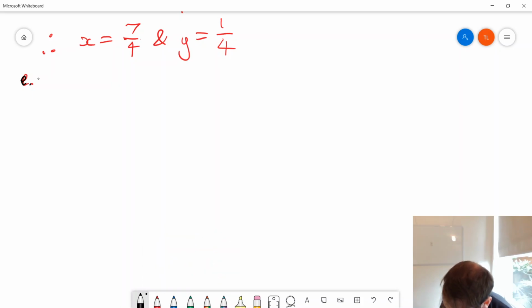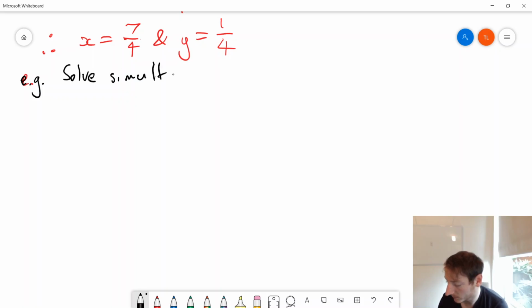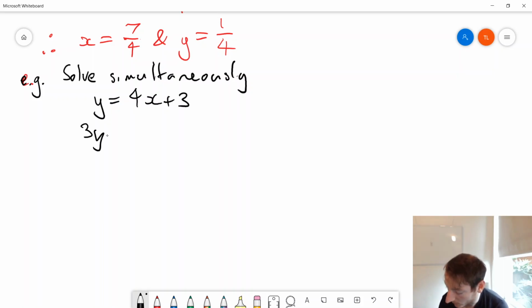Alright, e.g., solve. Let's say solve simultaneously. y equals 4x plus 3 and 3y minus 2x equals 8.